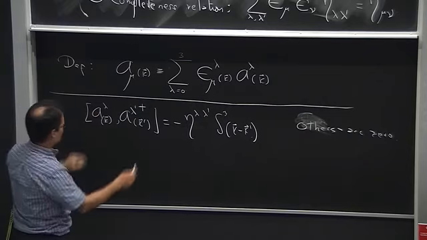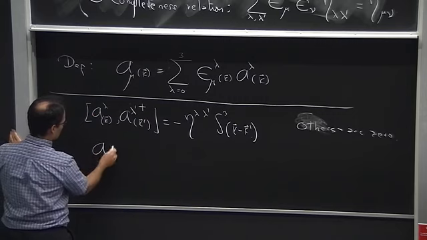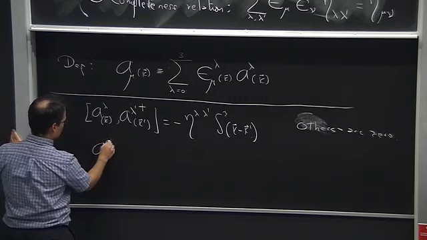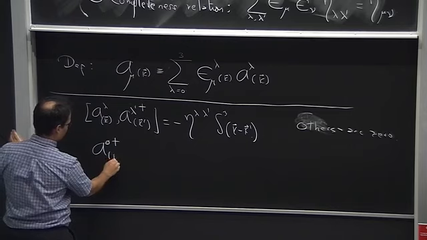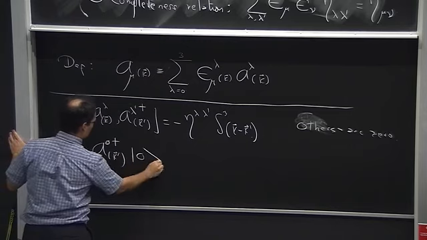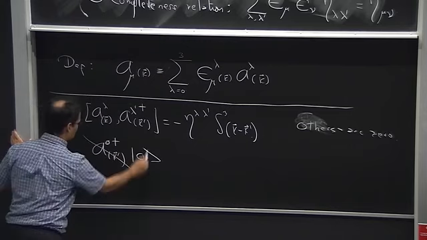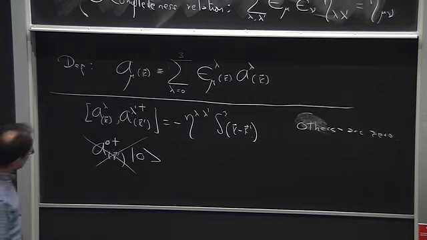And our condition on physical states will be that we will not consider operators generated by this guy. Okay, so we will not consider operators of this form, and we will see why.